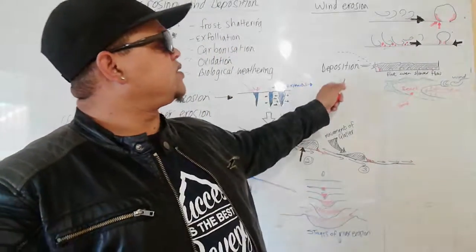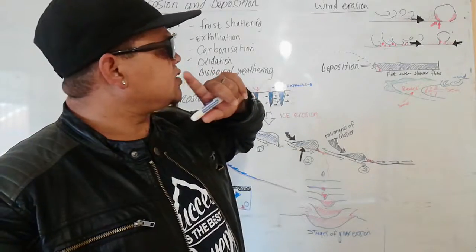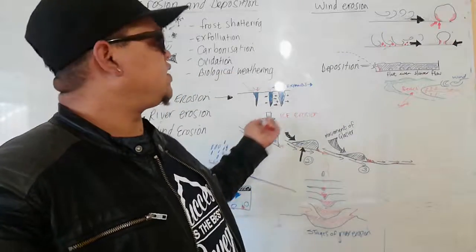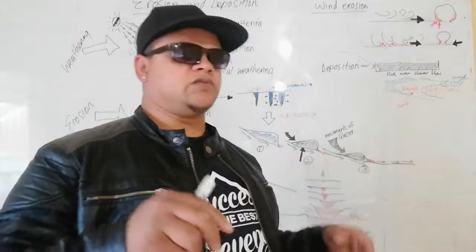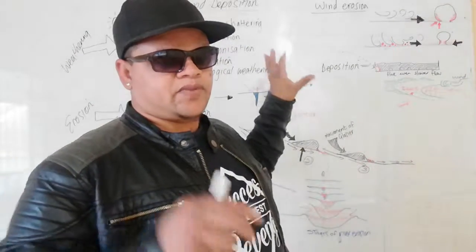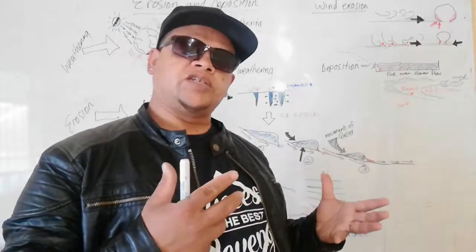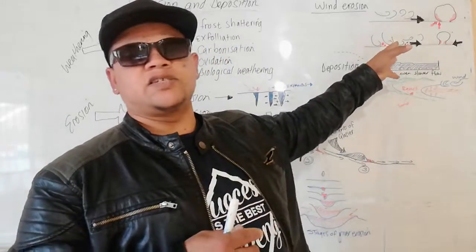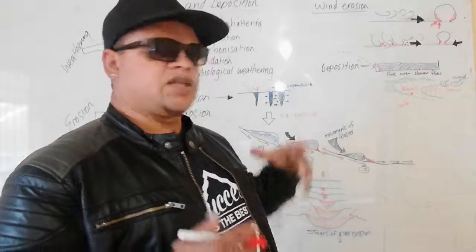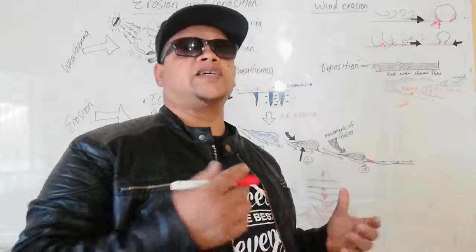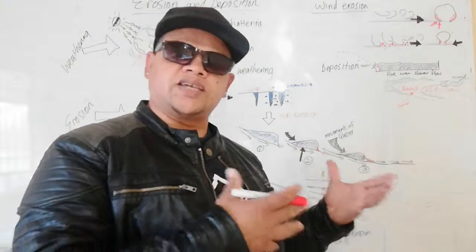Then I've got deposition. Deposition actually goes with the river. Deposition here is where the river carries its load and stuff like that. All those bigger rocks that the wind cannot pick up, the rocks in the river can only roll as far as the strength of the current can take them.